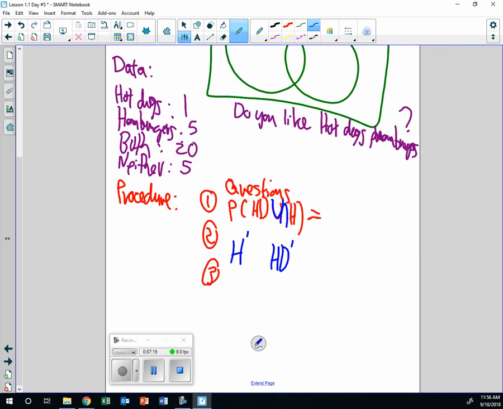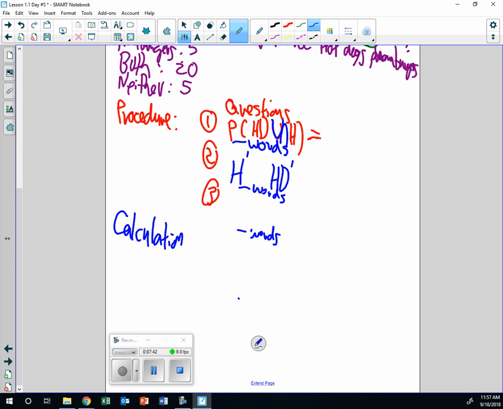Then this is the easy part. You have to, in words, write what it is you're asking. Okay? So in words, what's the question? You're going to do that for each one. There's going to be 3. Then you'll have your calculations, where you'll show the problem in symbol form, like number 1, probability of hot dogs union hamburger, and you're going to show that and get your answer, and do that for 2 and do that for 3.